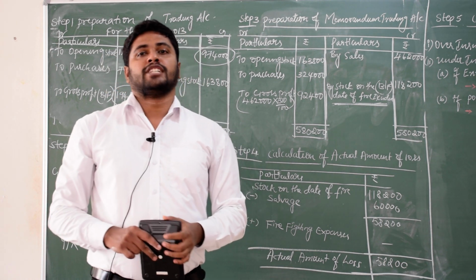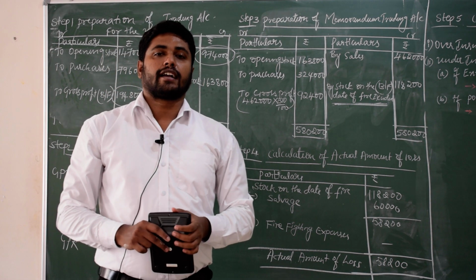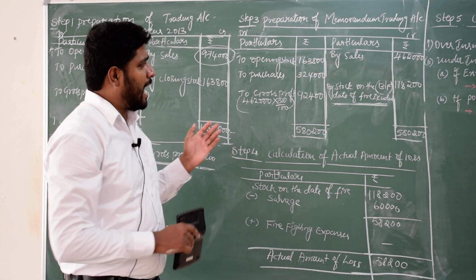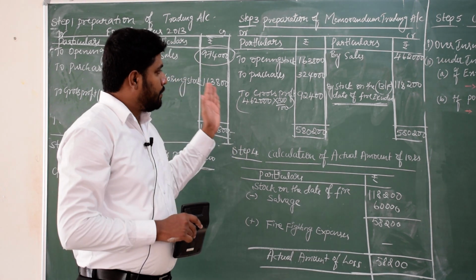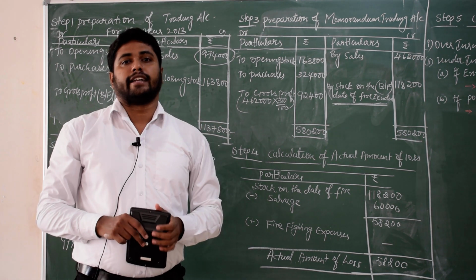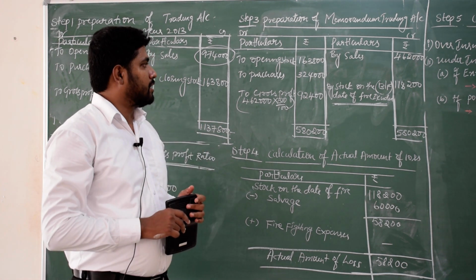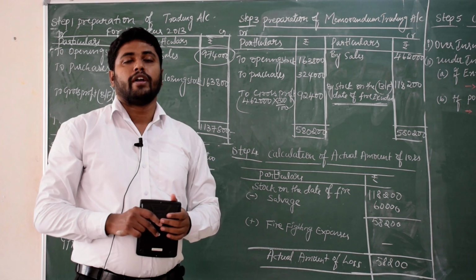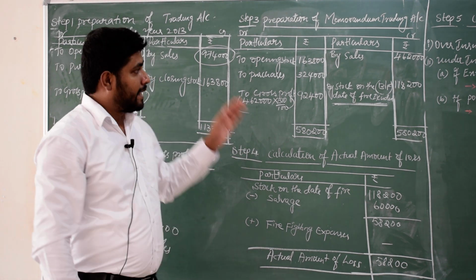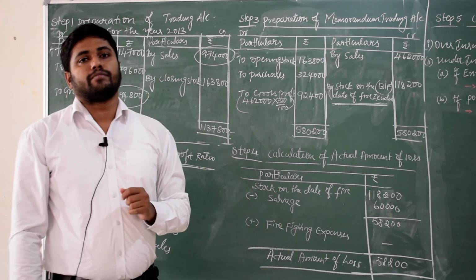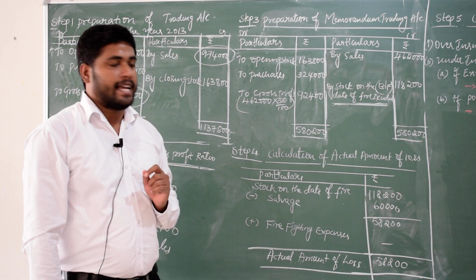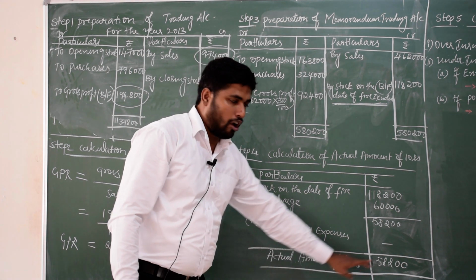Now the last step is calculation of claim money. While calculating claim money, first find out whether the stock is over-insured or under-insured. In order to find out the stock is over-insured or under-insured, we need the policy amount. But in this problem, the policy amount is not given. So in such circumstances, the claim amount will be the same as actual amount of loss.